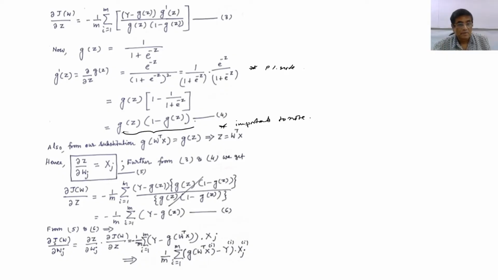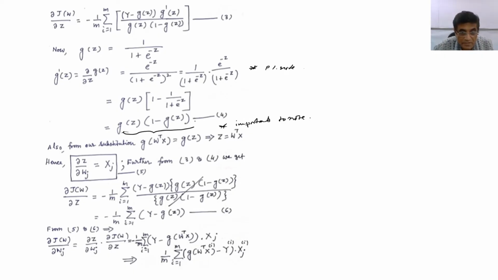The partial differentiation of our logistic regression cost function with respect to w_j, that is the parameter, is calculated as this times this. You see.